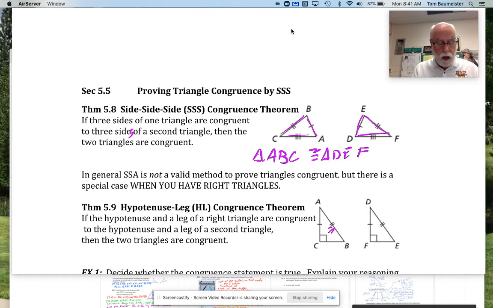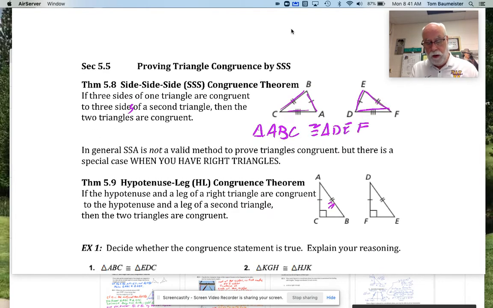All right, so if the hypotenuse and a leg, and make sure it's the same leg that they mark for you. If a hypotenuse and a leg of a right triangle are congruent to the hypotenuse and a leg of a second triangle, then the two triangles are congruent. So on this one here, again, we can say triangle, let's go a different way, triangle ACB is congruent to, now notice I went through the one marked 1, then I went through the right angle to the one marked as 0.